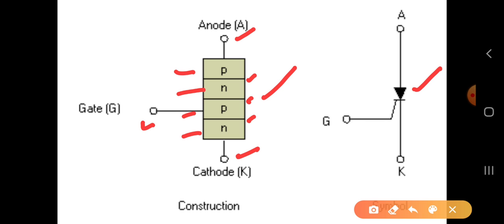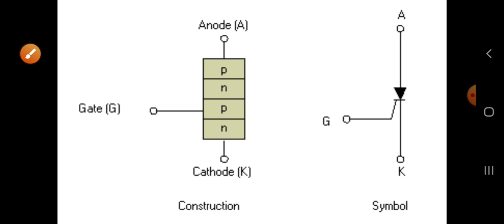Again, the gate, the third terminal, has to be maintained at a small positive potential with respect to the cathode. So what do we have to maintain at the third terminal? A very small amount of positive potential with respect to the cathode. This is what we have to maintain to observe the operation of the silicon controlled rectifier.